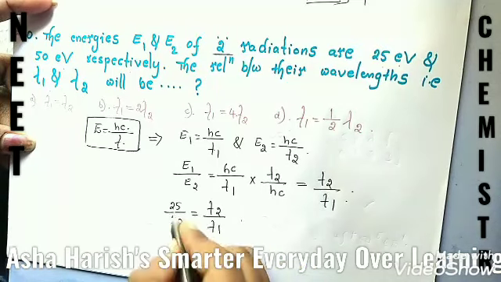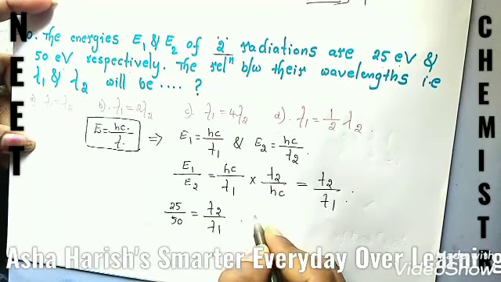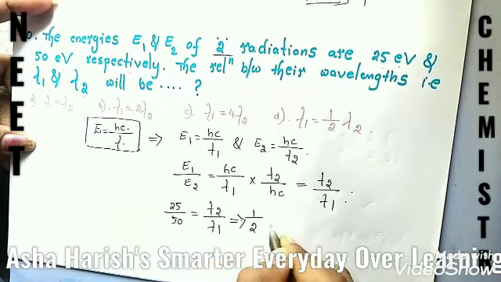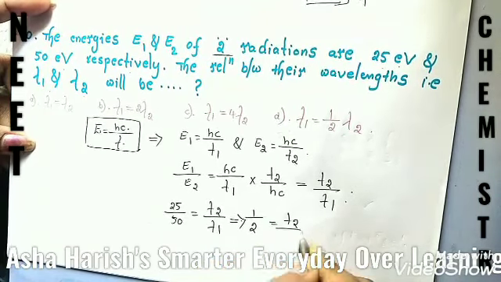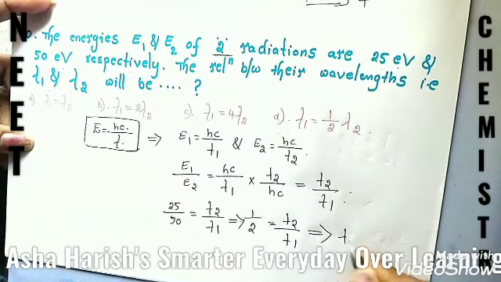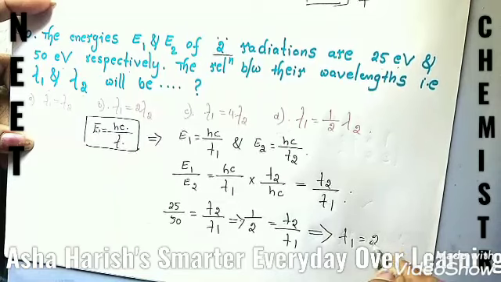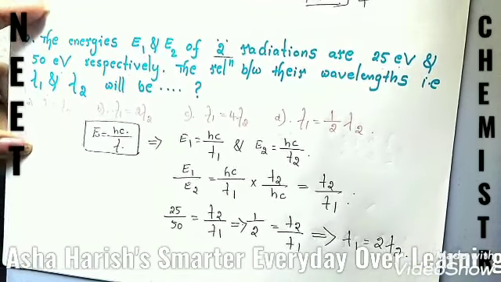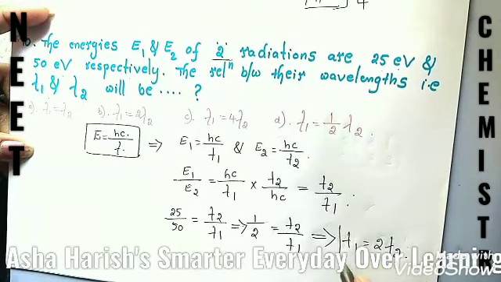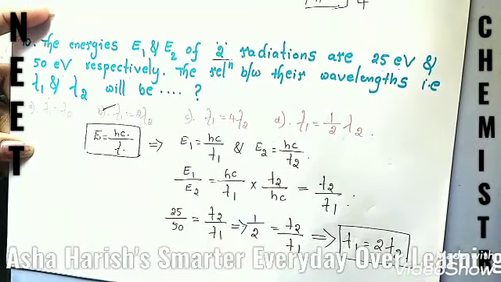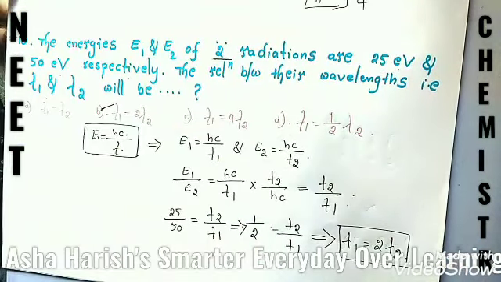You can simply calculate that as half. 1 by 2 is equal to lambda 2 by lambda 1. That implies lambda 1 is equal to 2 lambda 2. This is the relation. Option B is the correct answer.